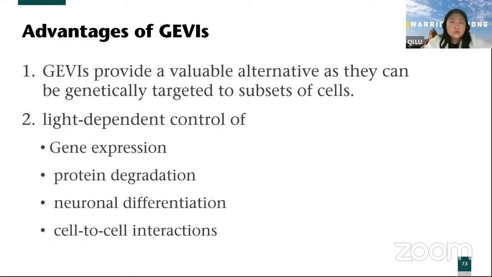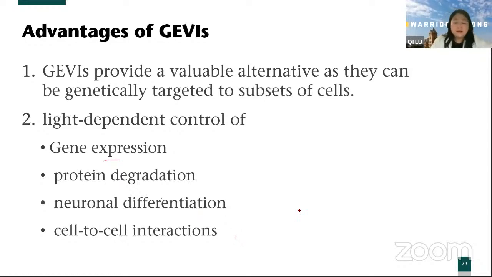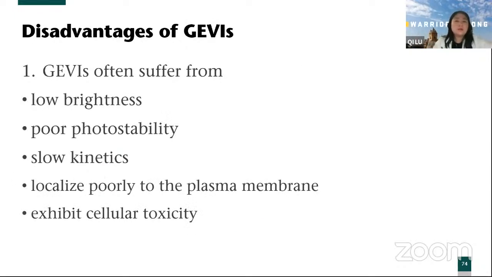The advantage of GEVIs is that they provide valuable alternatives that can be genetically targeted to a subset of cells to identify the cell types, with light-dependent control of gene expression, protein degradation, neural differentiation, and cell-to-cell interaction. Yes, I can record it with the light signals.